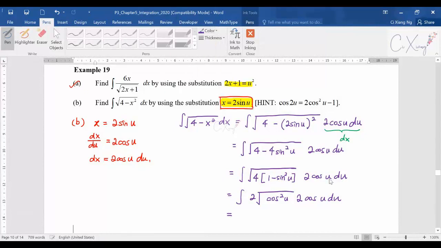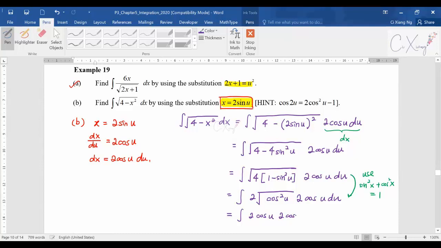For those who are not so sure how I substitute from here to here, I'm using the identity sine square x plus cos square x equals to 1. From here you can see very easily that 1 minus sine square is equals to cos square. So further simplify it: square root cos square, you're having cos.